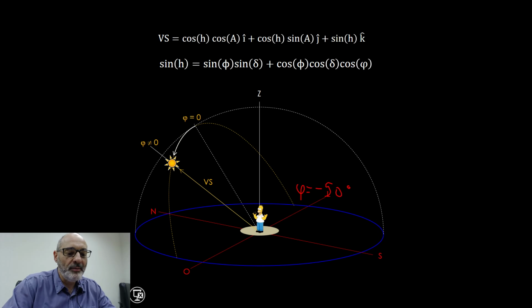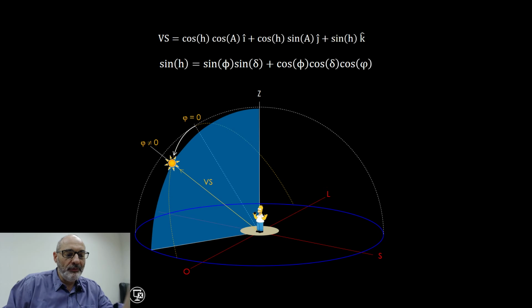Here, phi equals minus 90. This is 6 a.m., or around 6 a.m. At noon, phi equals 0. And here, phi equals plus 90 degrees. So this is the sun, and our solar vector points to the sun.